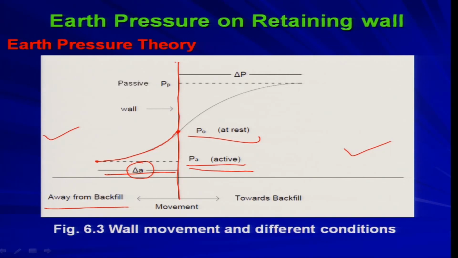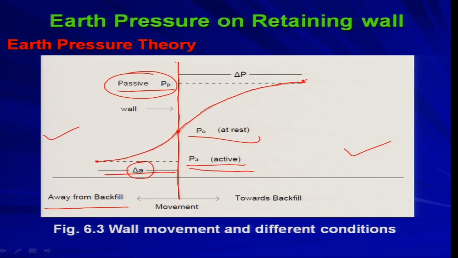Similarly, if you start from the rest condition and start pushing the wall, your earth pressure at passive condition is gradually increasing, as I told you, right. Passive pressure will be gradually increasing, and at the ultimate state you will be getting the ultimate passive pressure, that pressure is known as Pp.